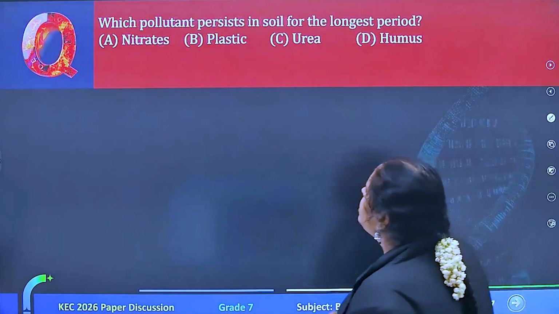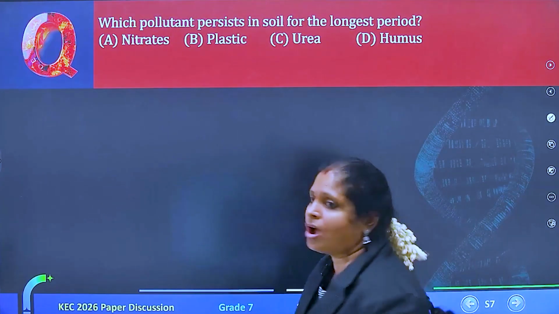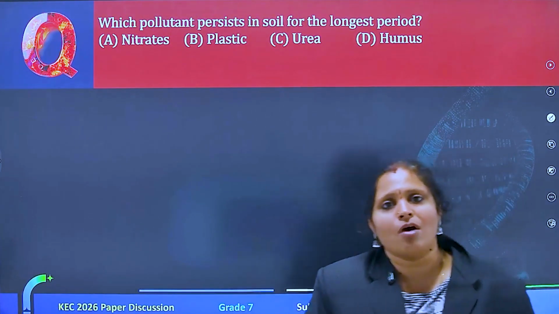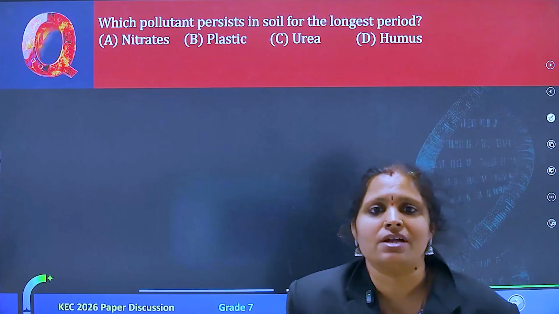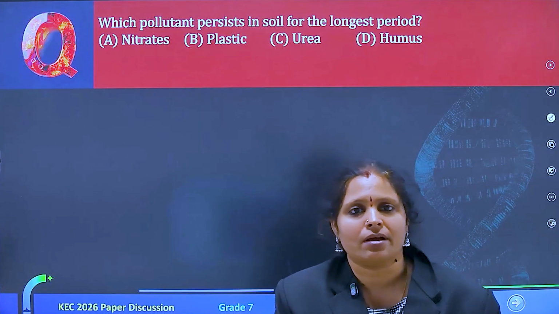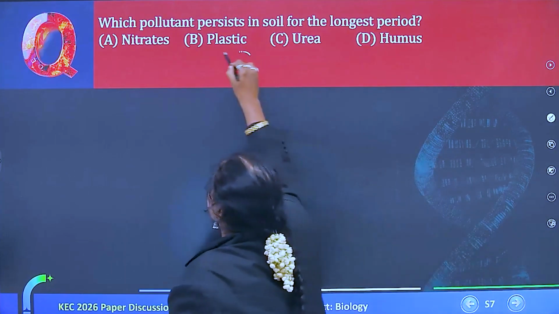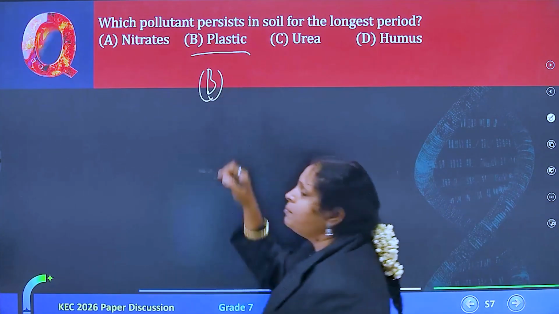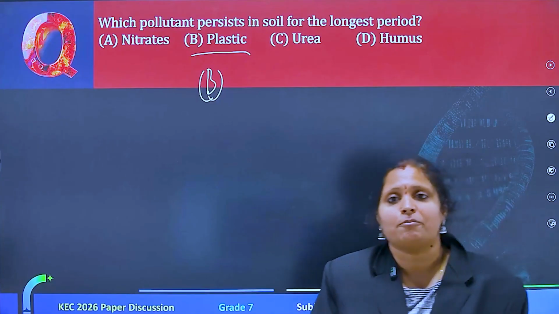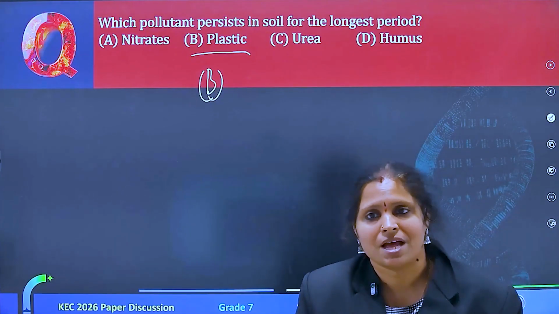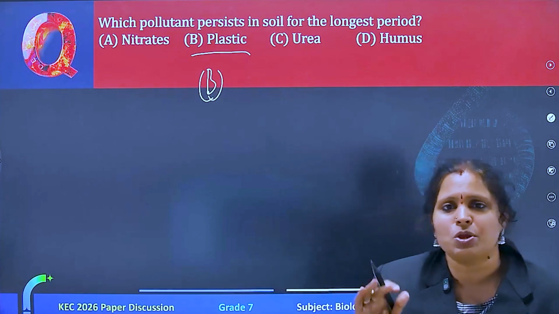Okay, next question. Which pollutant persists in soil for the longer period? You know very well, plastic. Nowadays we are banning plastic, and the government is imposing a fine if we use it.